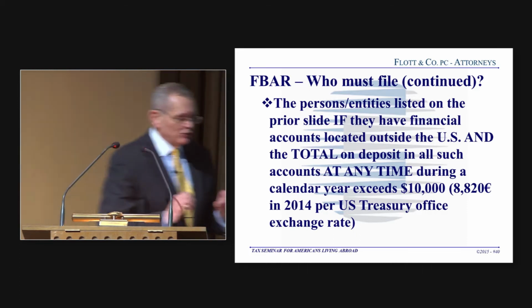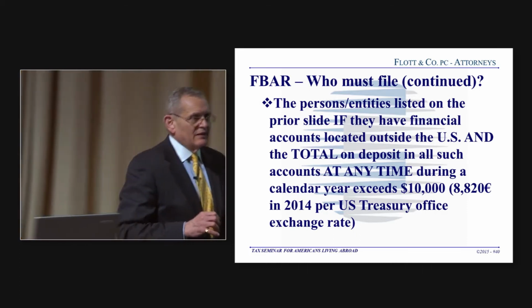I want to repeat those critical facts. It does not mean that you only report accounts that have more than $10,000. All right? That's not what the rule is. The rule is if you have one account with 4,000 and one account with 4,500, you have 8,500 euros on deposit.